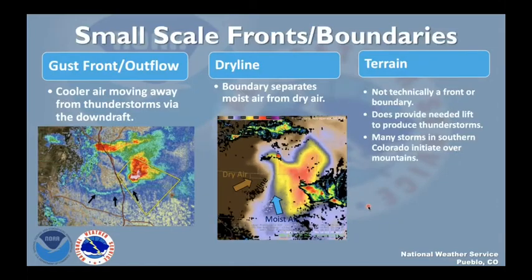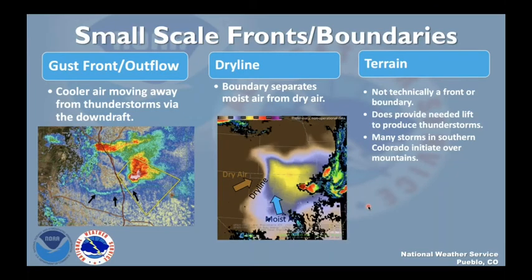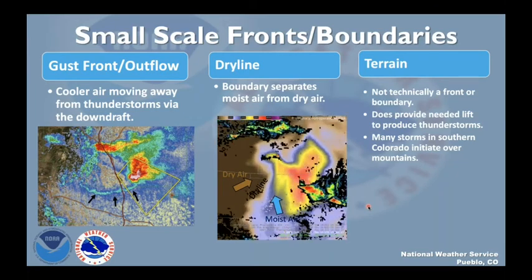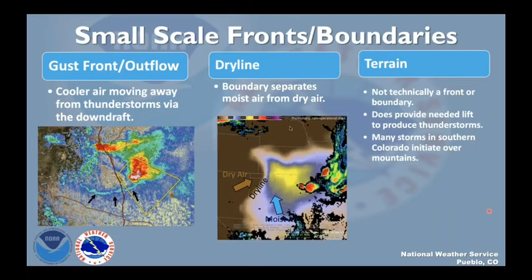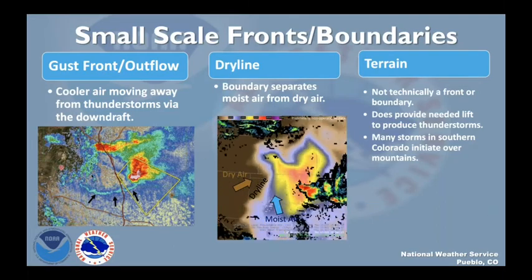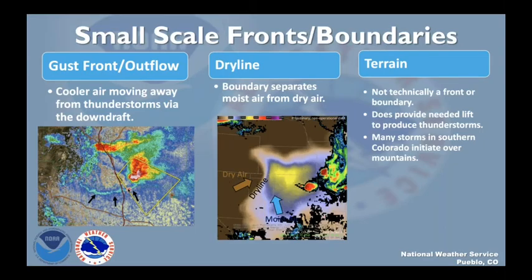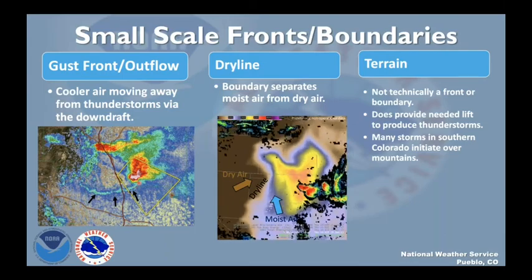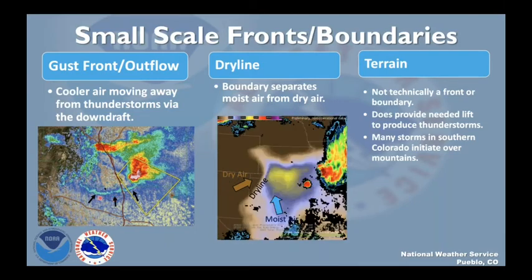Fronts can be in different sizes. There are larger scale fronts, and then there are even smaller scale fronts. A gust front or an outflow boundary, seen on the left-hand side here, comes from a severe thunderstorm that produced a gust front. This line right here has cooler air behind it.